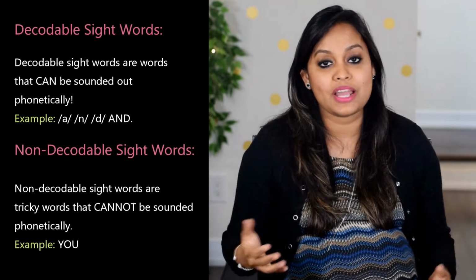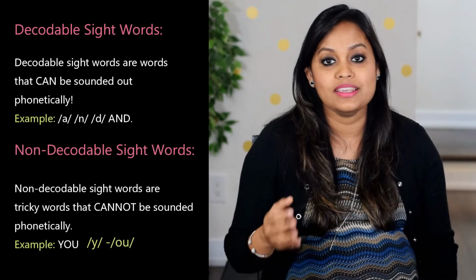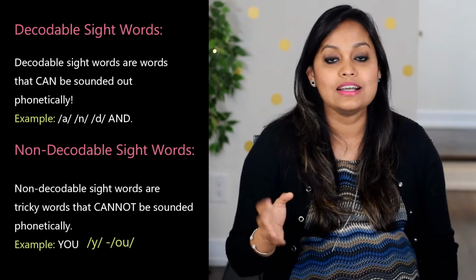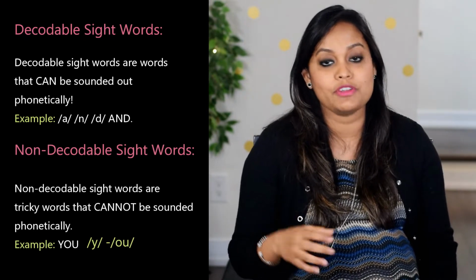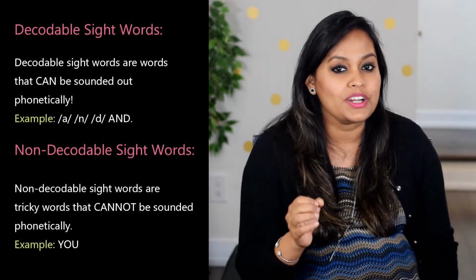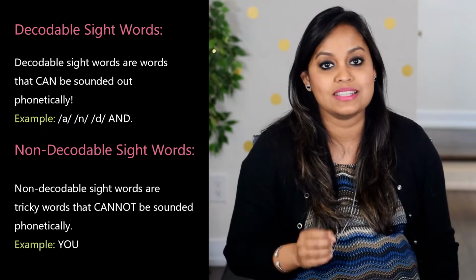If you try to sound out the letters in the word you phonetically, you will only end up with y, ow, yow, not you, because in phonics instruction, the OU spelling is the digraph, and we teach the sound of this digraph as ow. So you see, reading words like these can be confusing, and the only option is to memorize them by heart.